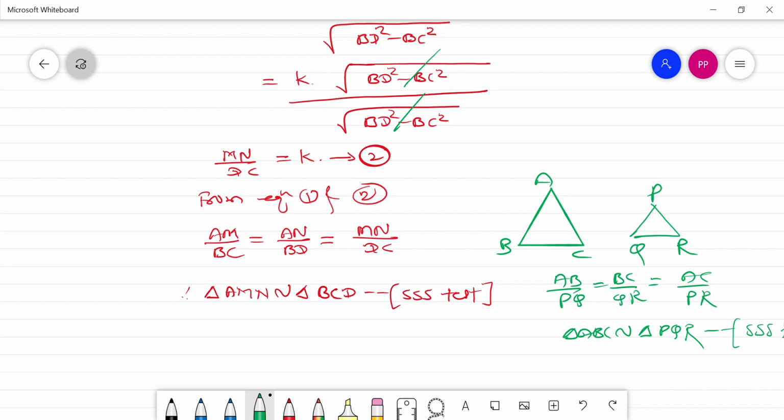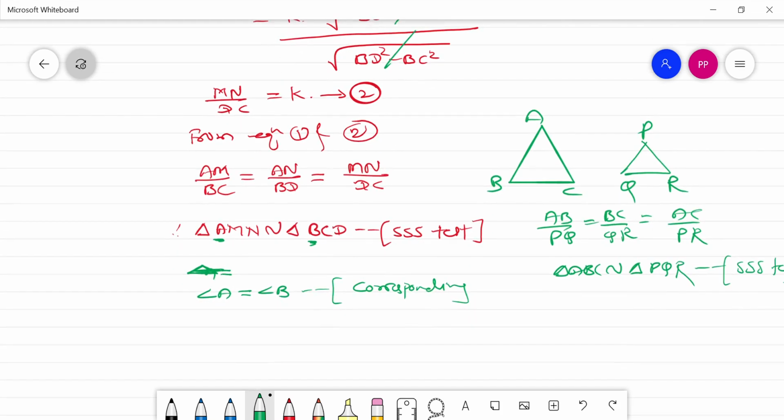So that's why we can say that the corresponding angle of A is angle B. Hence, we'll say that angle A is equal to angle B. So what is the reason for this? Corresponding angles of similar triangles are equal.